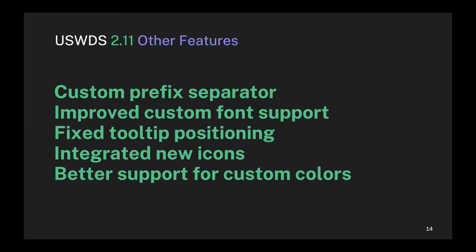We've also improved custom font support when it comes to custom font stacks. We fixed tooltip positioning. We integrated our new icon set into all our components, and we continue to improve and provide better support for both custom colors and automatically setting text and foreground color based on background color to make accessible color combinations for both text and icons.